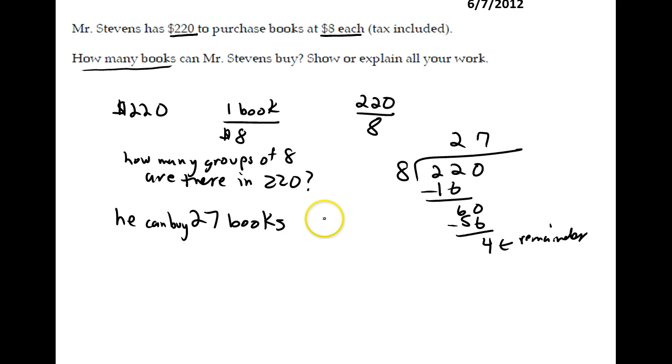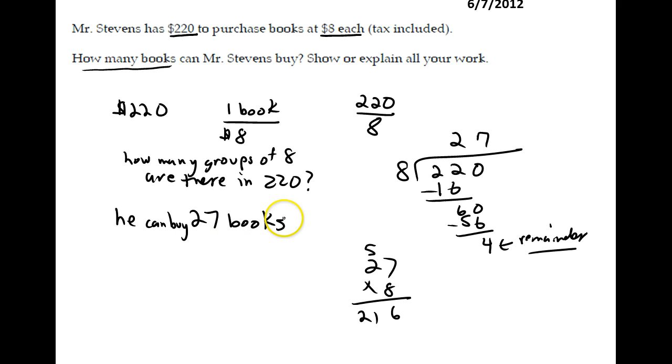with that much money. Now he'll have some money left over. There's a remainder, and so we take 27 and we times it by 8, and we see that he spent $216.